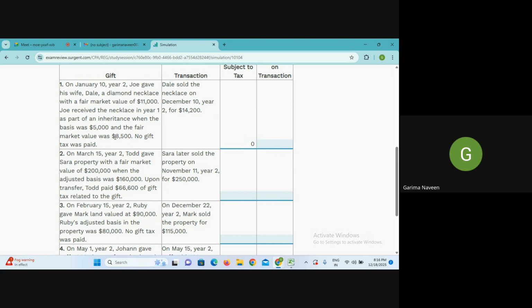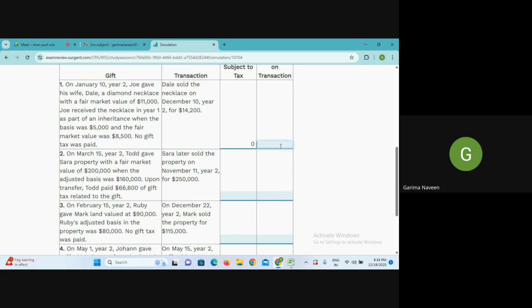Here the basis was 8,500 and the fair market value was $11,000. So there is no exceptional case in this. The fair market value is greater than the original basis, so this original basis will be carried over to Dale. So for Dale, the basis was 8,500 and she is selling it for $14,200. If you subtract this from this, then you will get the amount of gain and losses.